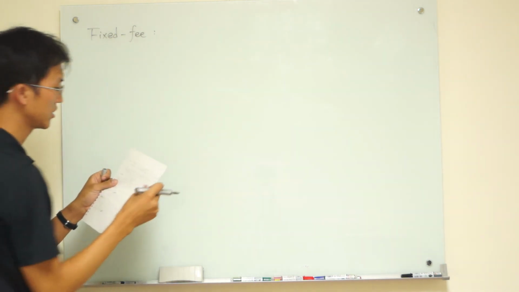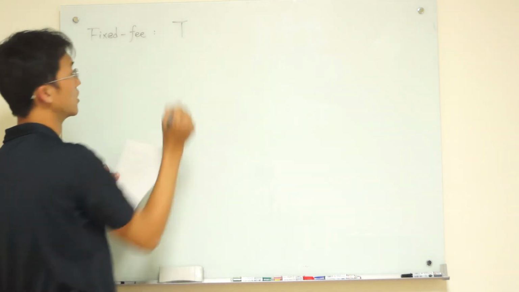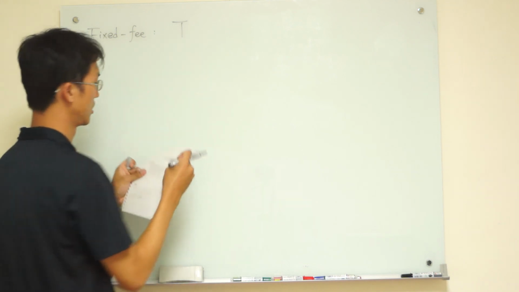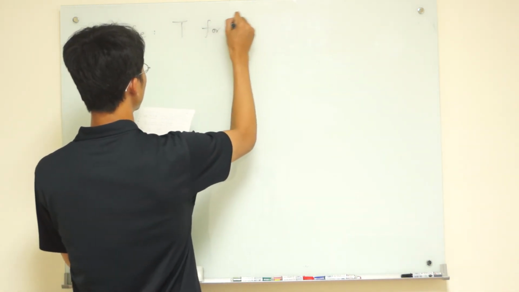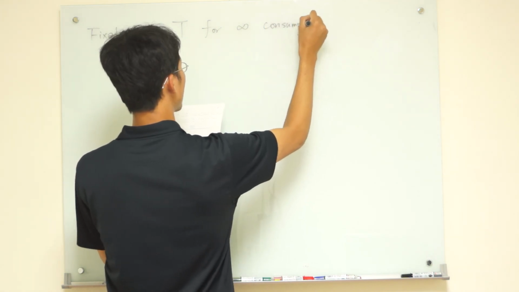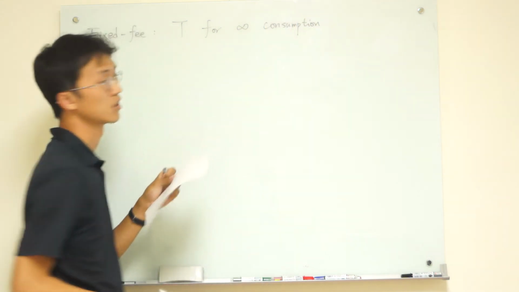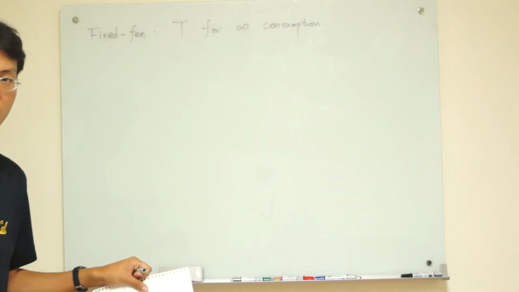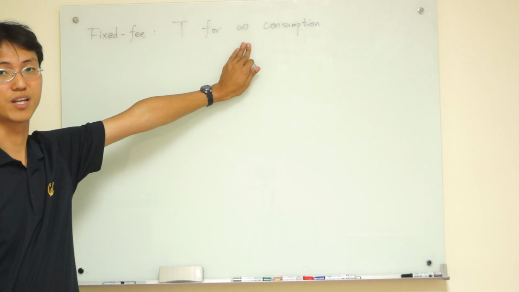In this case, the company is going to charge T, and that's for an infinitely many or large consumption. You pay me T, capital T dollars, and then all you can eat.